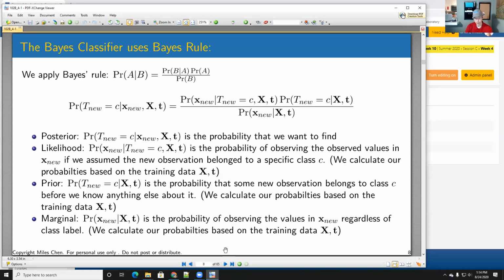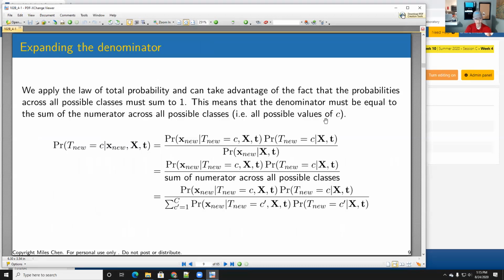And again, those probabilities are based on your training data X and T, right? So that's the application of Bayes' rule. I know this can look a little intimidating at first, but if you just break it down and say, we're going to call this part B, this part A, then I hope this makes sense.